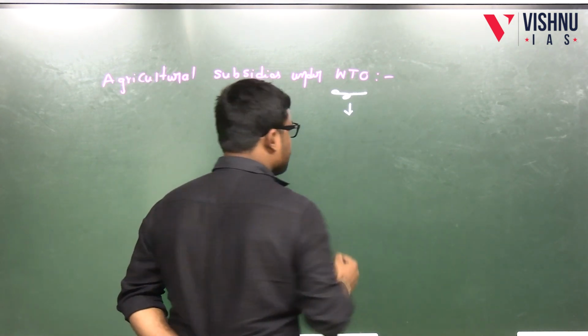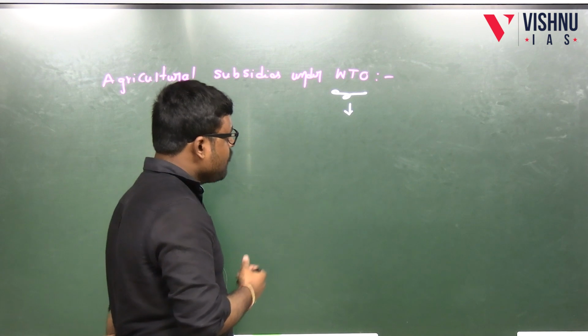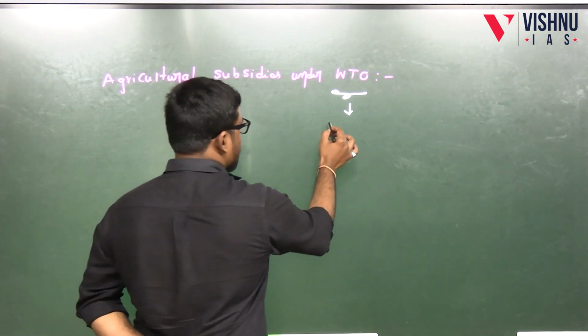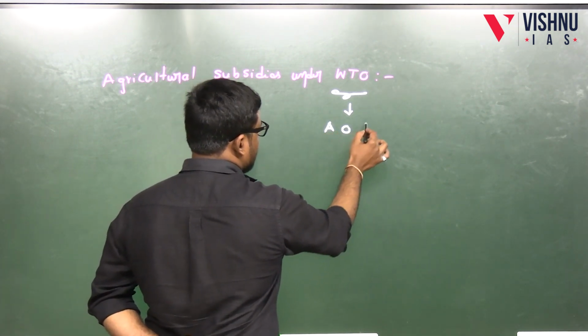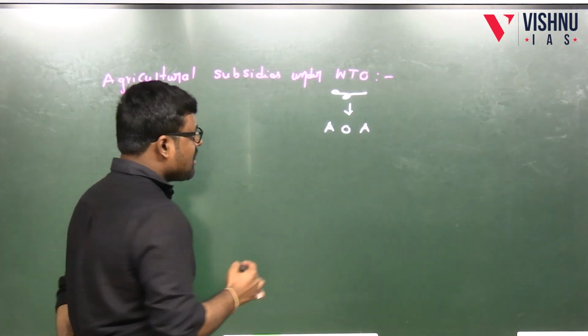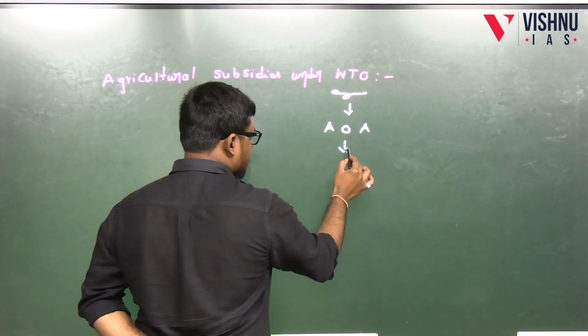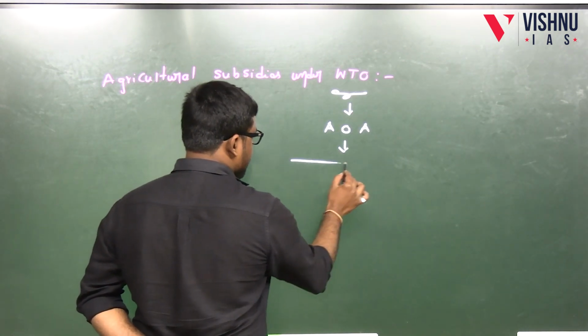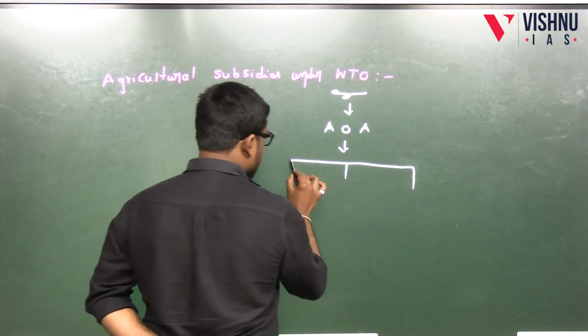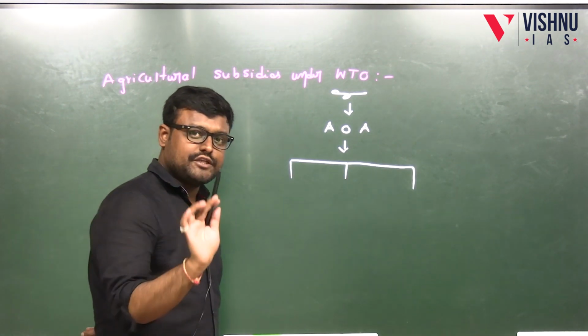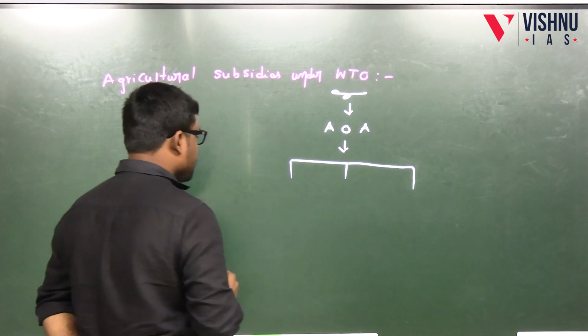See, under WTO, there are different types of agreements. One of the agreements is the Agreement on Agriculture. Under this Agreement on Agriculture, there are 3 types of agricultural subsidies mentioned. What are those 3 types?